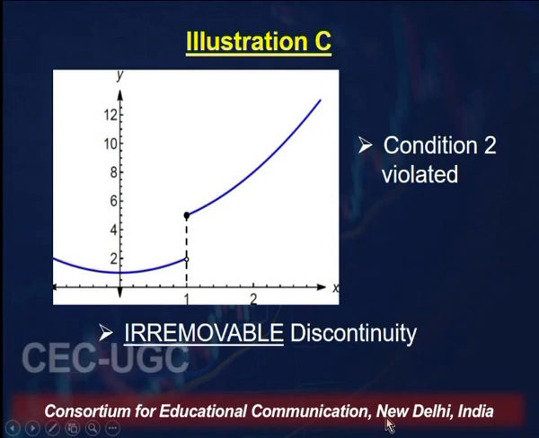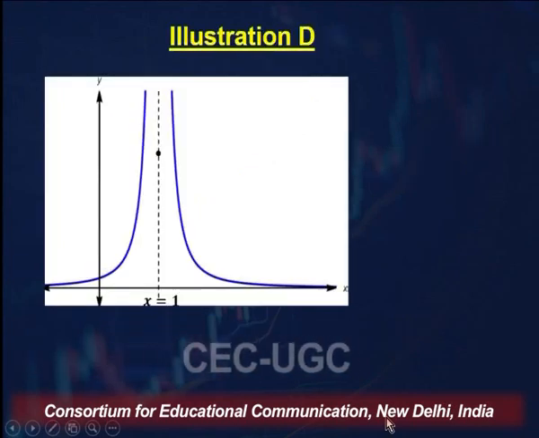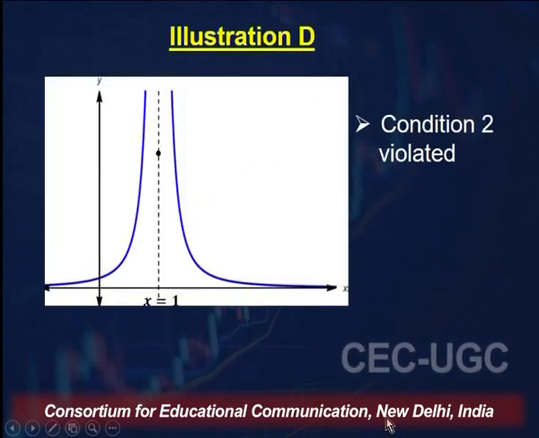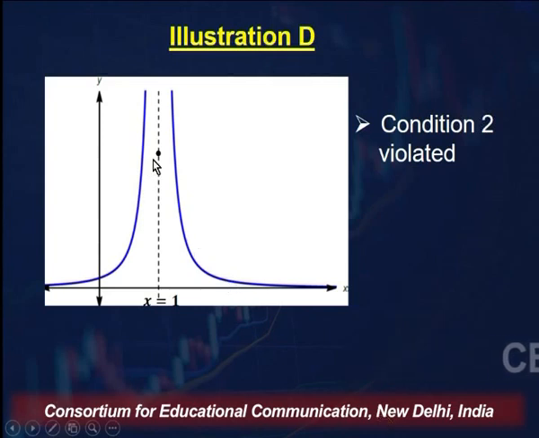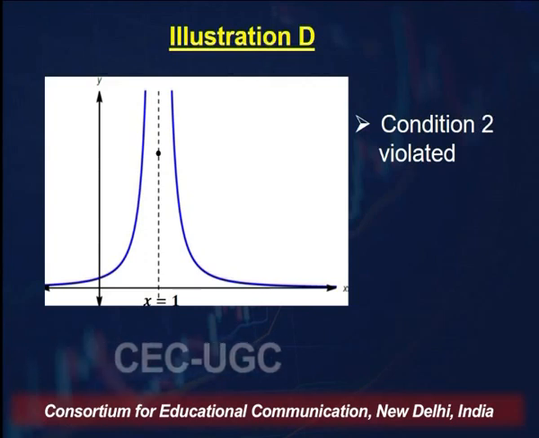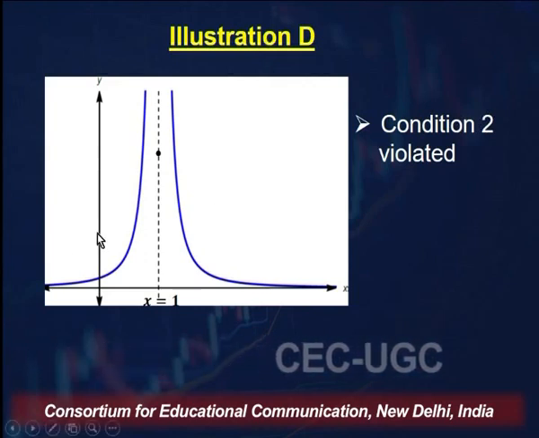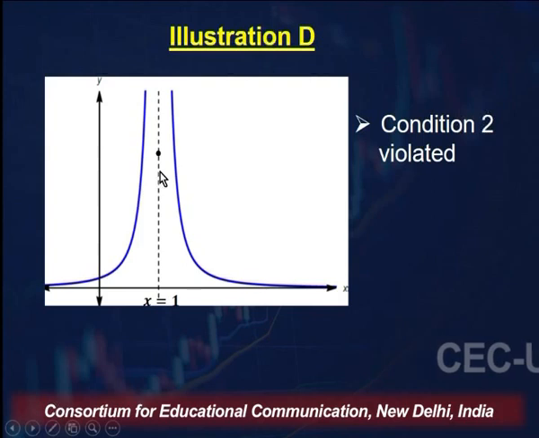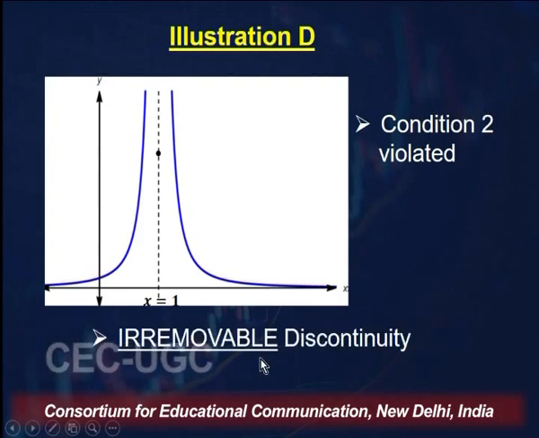Let me show you another example. Here again, the function is defined at x equal to 1, but the limit does not exist. The main problem is that the limit does not exist, and this is also an example of an irremovable discontinuity.